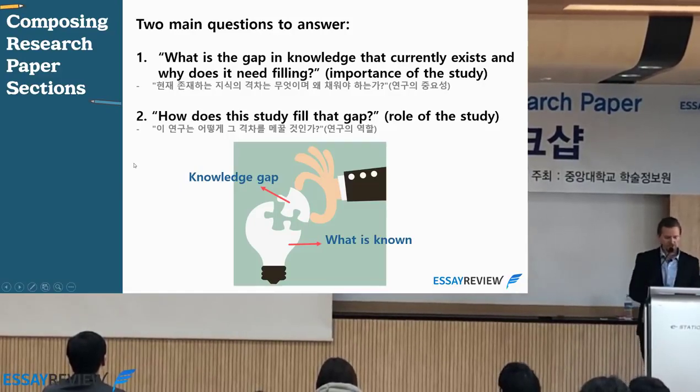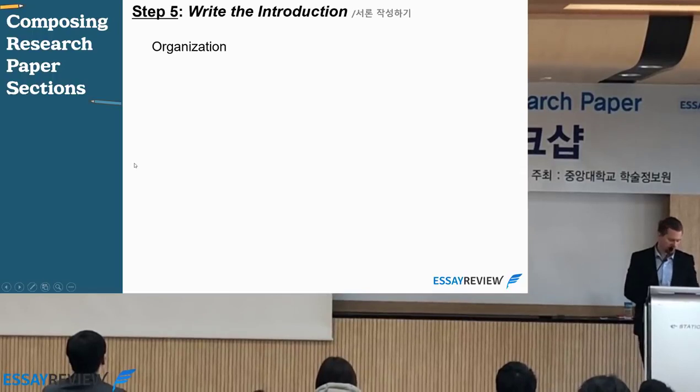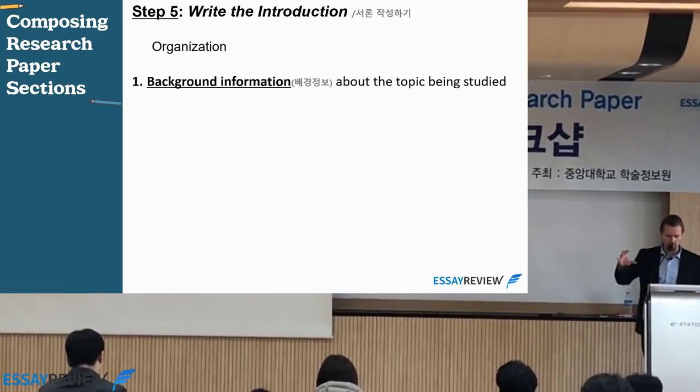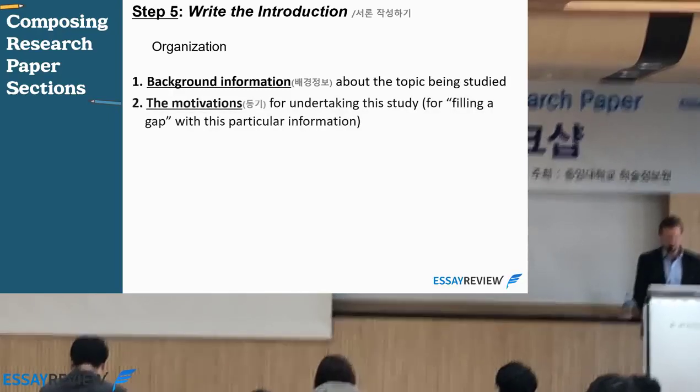So the introduction has many parts. I'd say it's the most complicated of your paper, and that's maybe why you should write it last, so you don't miss anything. Start with the background information about the topic, and this means you're going to talk about the problem. Next, talk about the motivations. Why did you do the study?